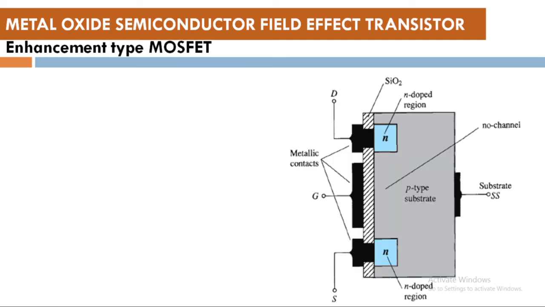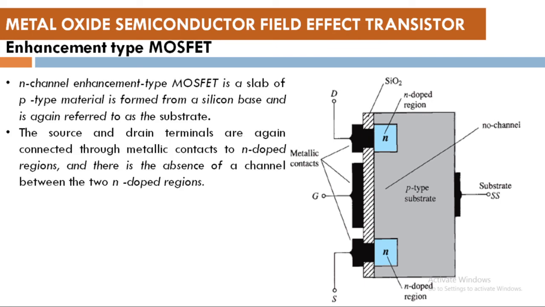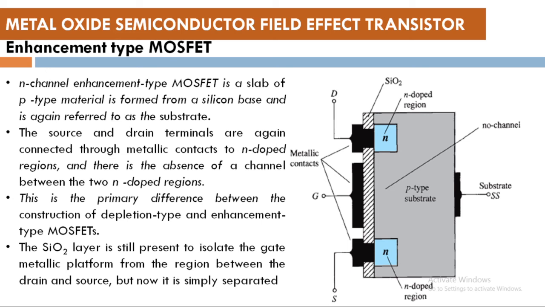Now let's see what is an enhancement type MOSFET. Now the construction is a bit different with respect to the depletion type MOSFET. Here you can see, though I am talking about N channel, but see, there is no channel. So what is the construction of this? It will have a P substrate. It will have one N region acting as the drain region.